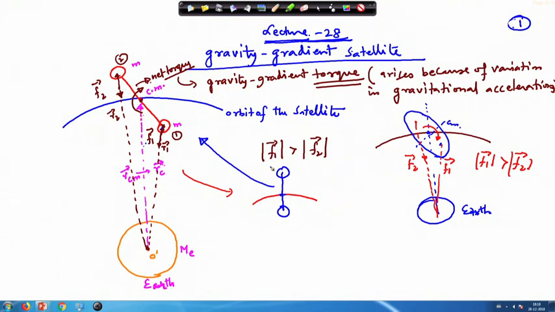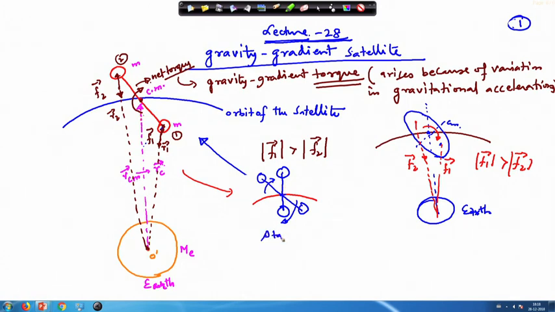Once it is disturbed from this configuration to this configuration, there will be a net torque in this direction, which will try to move it toward the original position. We call this kind of case stable.